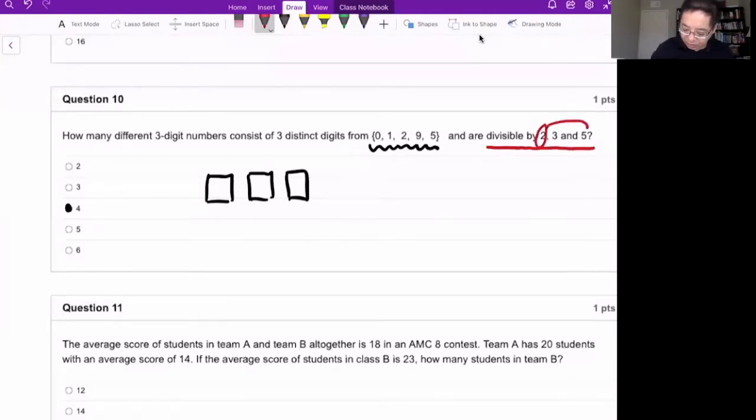All right, so let's look at 2 and 5 first. For a number to be divisible by 5, the last digit has to be either 0 or 5, right? But because it is also required to be divisible by 2, that means it's an even number.